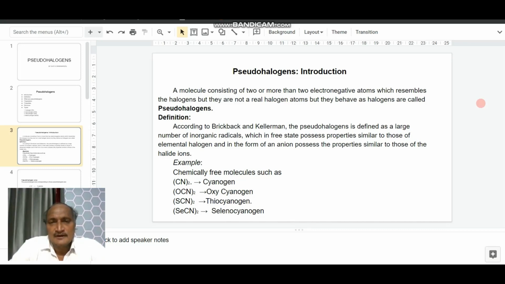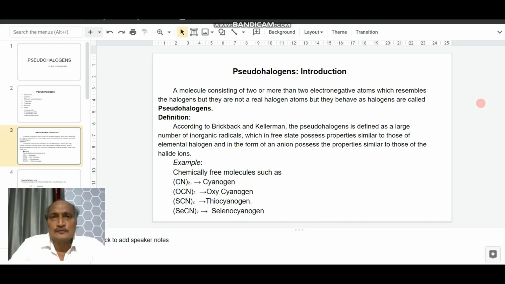A molecule consisting of 2 or more than 2 electronegative atoms which resembles the halogens, but they are not real halogen atoms, but they behave as halogens, are called pseudohalogens.